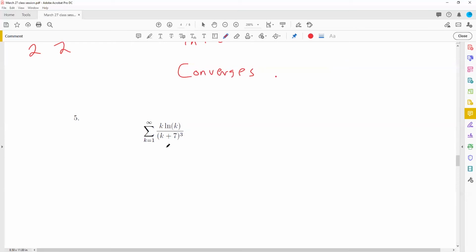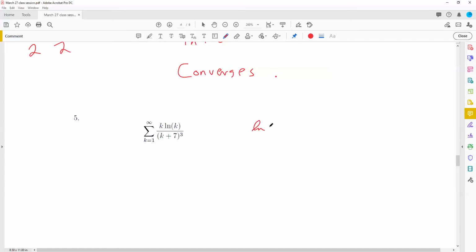Yeah, the log K is kind of tricky. But the log K, you just kind of have to have the idea to realize that the log K is really weak. Log K is really, really weak.